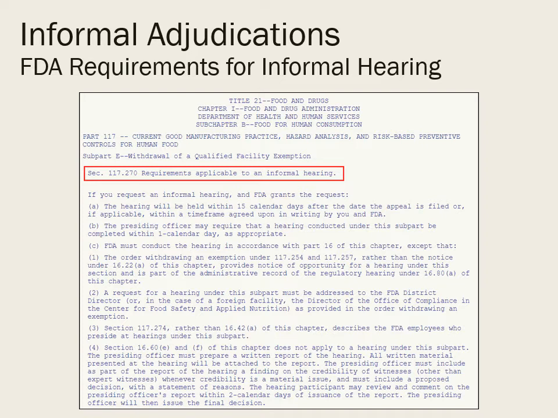So if you own a plain cheese pizza manufacturing plant, and the FDA wants to withdraw your qualified facility exemption, it's got to follow the rules that it created to govern that informal adjudication. The FDA will sometimes hold hearings as part of its informal adjudications, as do other agencies. But in many informal adjudications, there is no hearing. Everything is basically handled via paperwork.